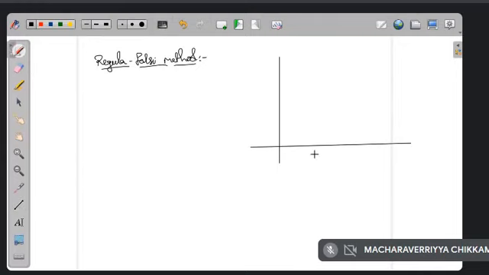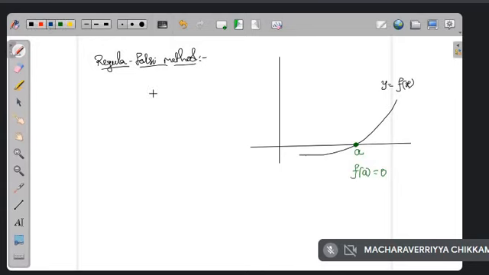Here the idea is, suppose you have a graph of y equal to f of x. Our interest is to find the point where f takes 0. We need to find a so that f of a equal to 0. So we would like to approximate it.